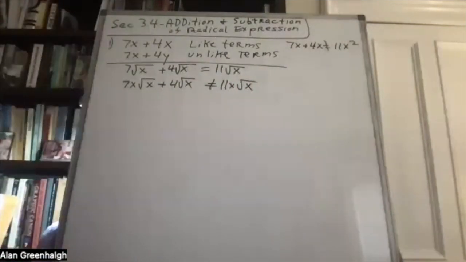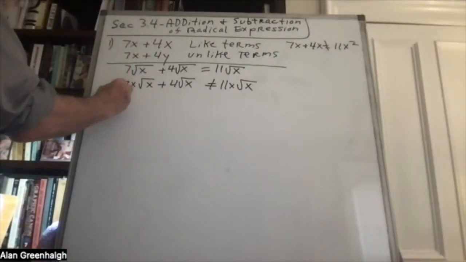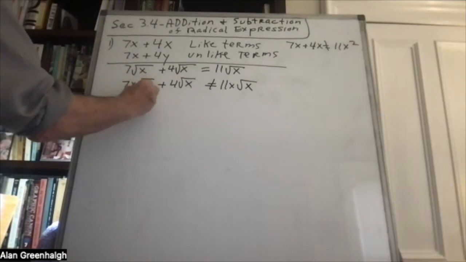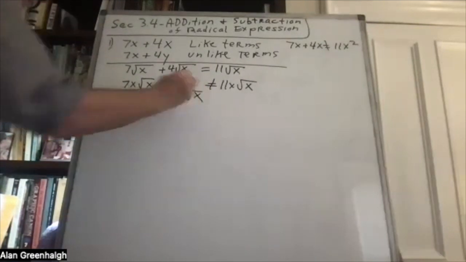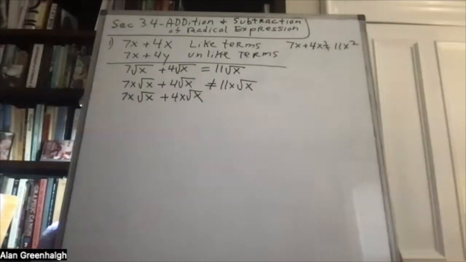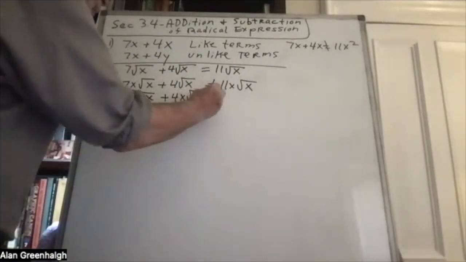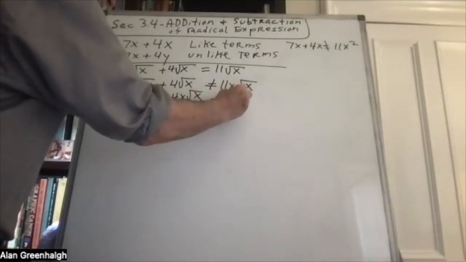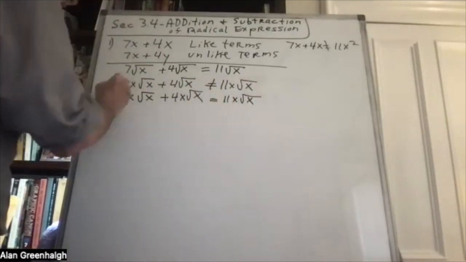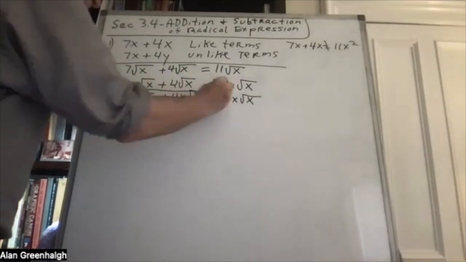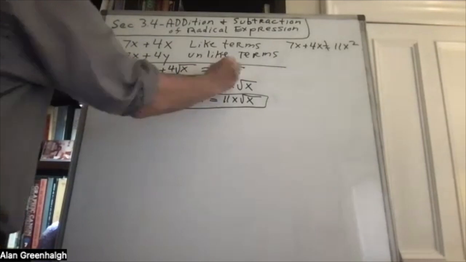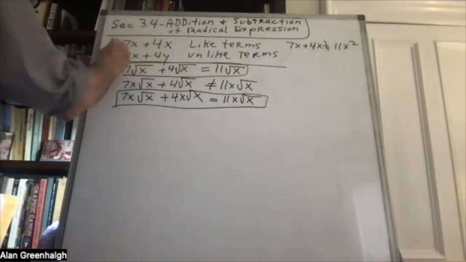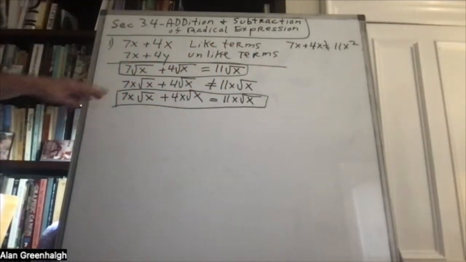That's not allowed. In other words, this can be added to this, and we would wind up with 11x times the square root of x. So you could do this. These are considered terms that you can combine. These are considered terms that you can combine.